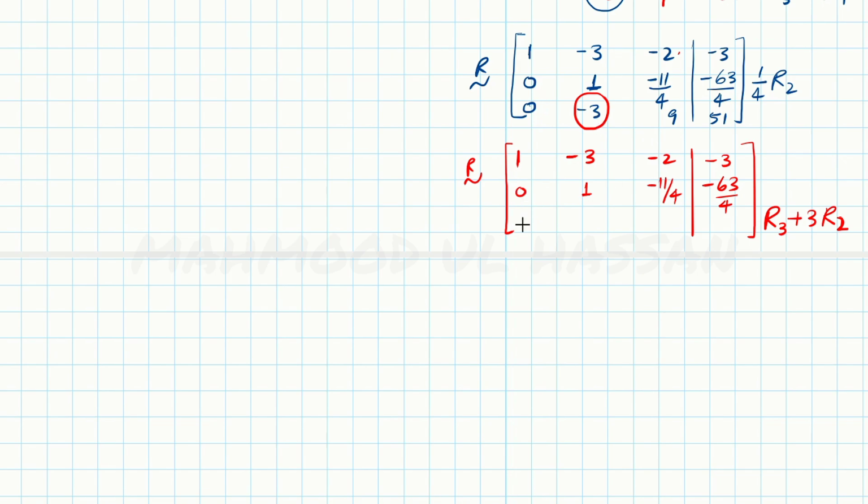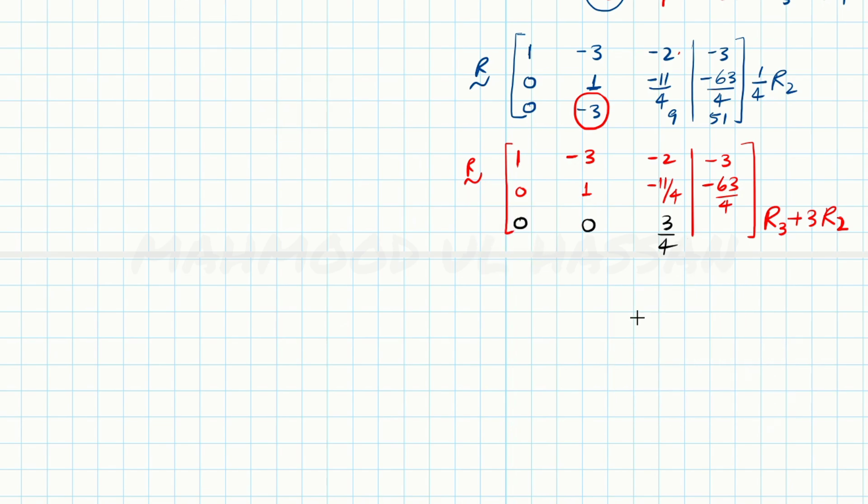So that is 0 here, and negative 3 plus 3 is again 0, and here 9 plus, you have to multiply 3 with negative 11 upon 4, so that would become 36 minus 33, that would become 3 upon 4. So here 3 upon 4, and the last one is 51.